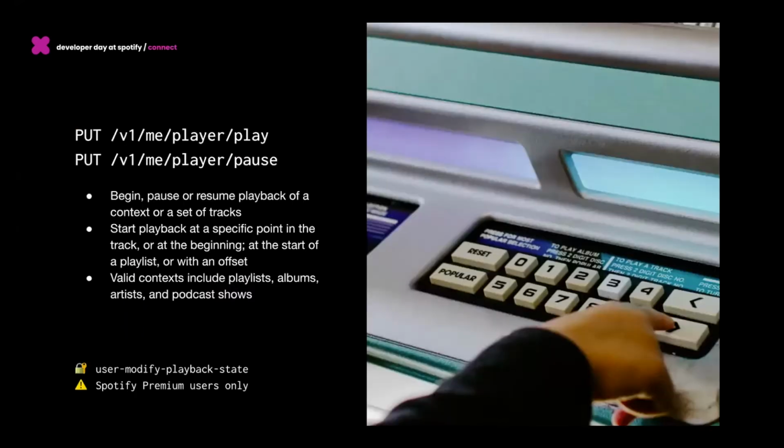So let's talk in depth about some of the different APIs that are available through the Player API. The most obvious function of the Player API is it allows you to play or pause audio that's playing on a Spotify client, a third-party speaker, or even a virtual Spotify Connect device like a web playback SDK client.